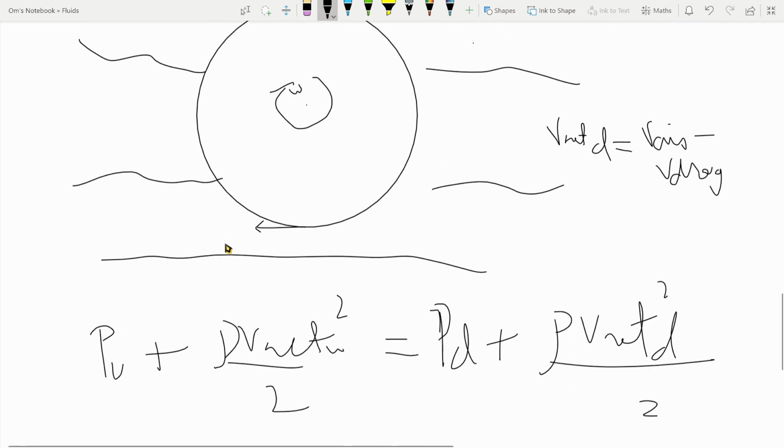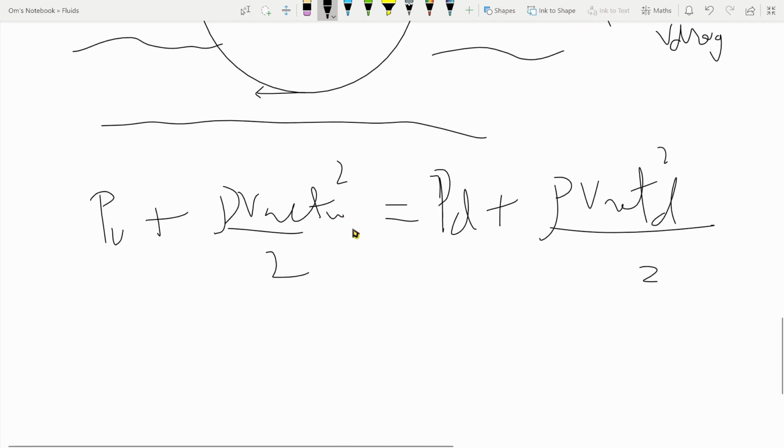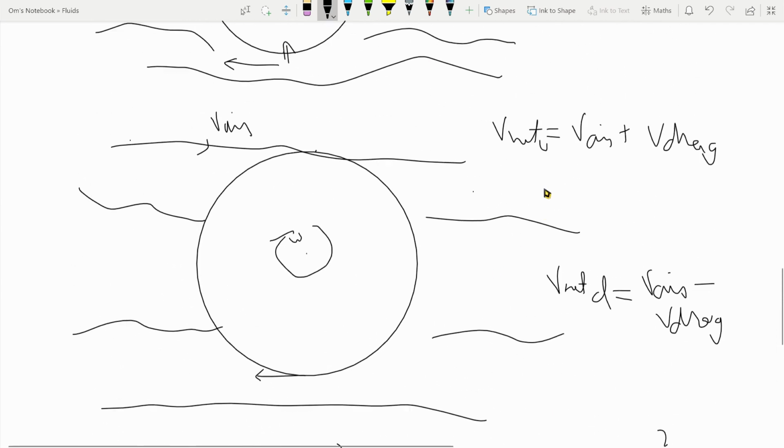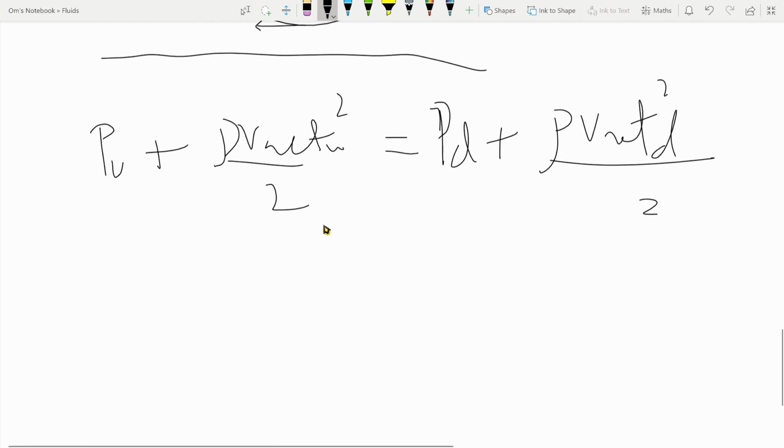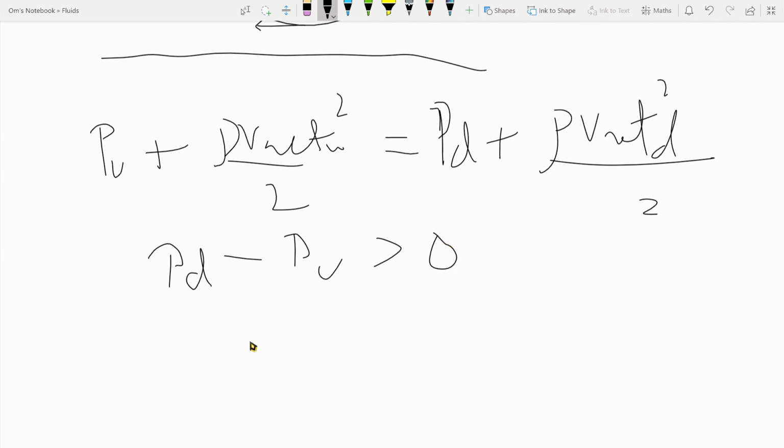Now we know that rho V net up square minus rho V net down square will be positive, because V net up is greater than V net down. So I can safely say that PD minus PU is greater than 0, which means that PD is greater than PU.